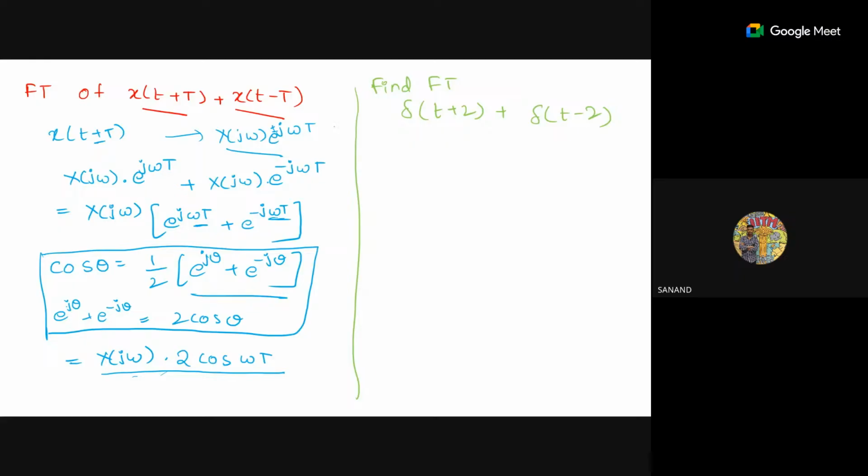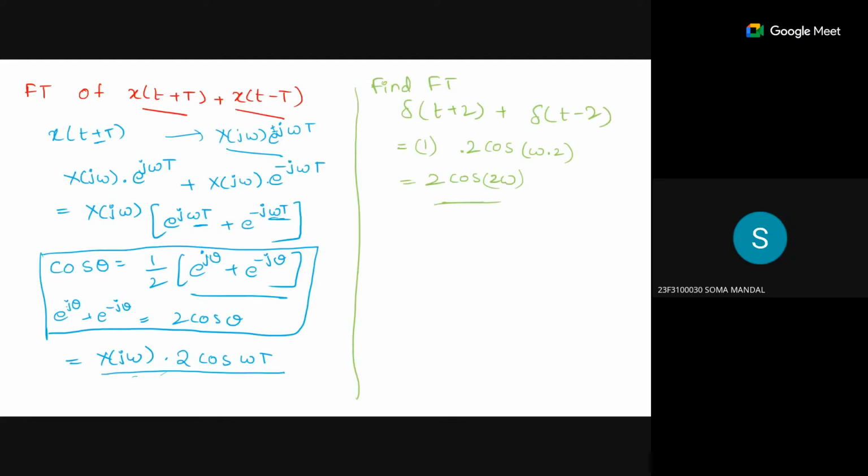It is 1. So it will be 1 times 2 into cos omega into 2, so it will be 2 cos 2 omega. Did you get this? Yes, ma'am.